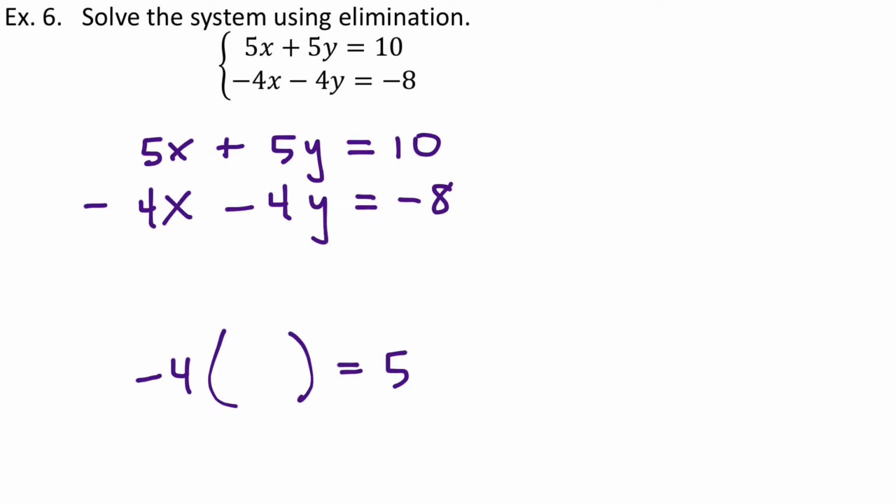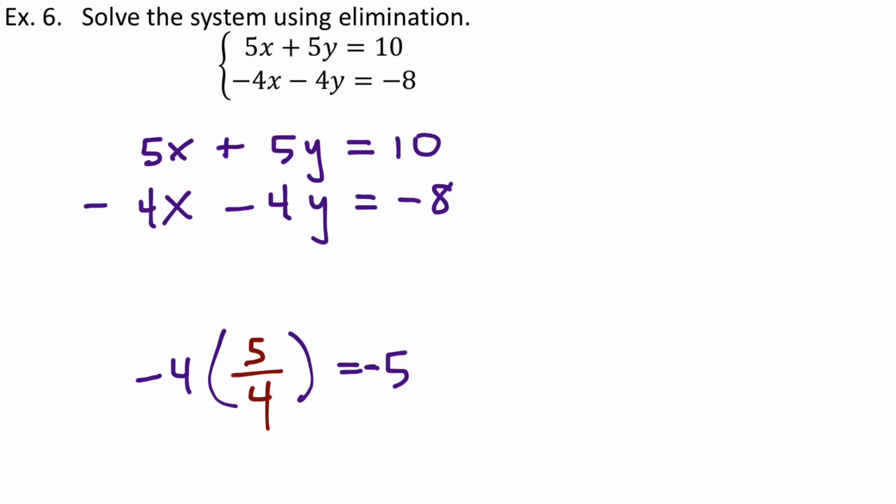All right, so this is our next problem here. We're going to solve using elimination. So I'm going to go ahead and try to eliminate the x's once again. So if we're going to do that, I'm going to try to get a negative 5 here. So this has to be a negative right here. So I'm going to figure out what I need to multiply negative 4 by to turn it into a negative 5. So that means I want a 5 on the top, and I want a 4 on the bottom.